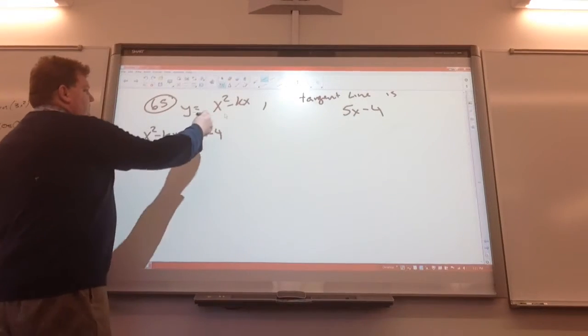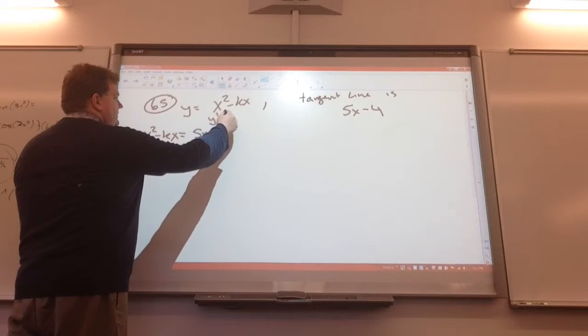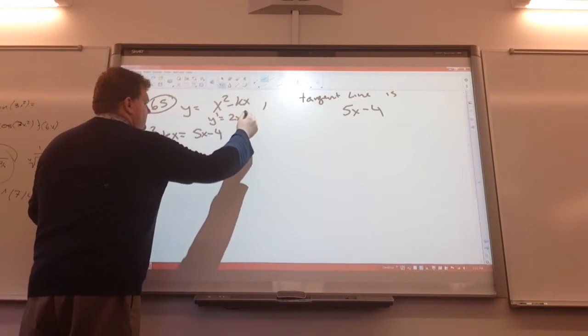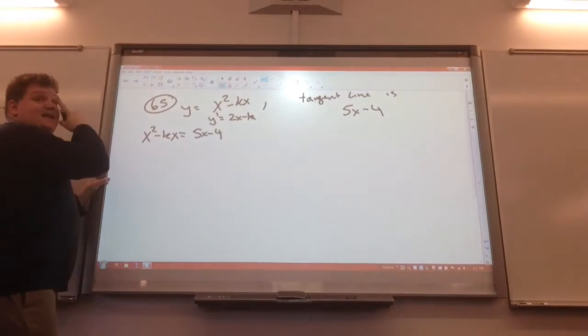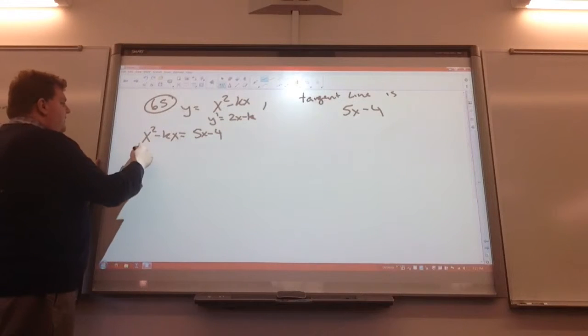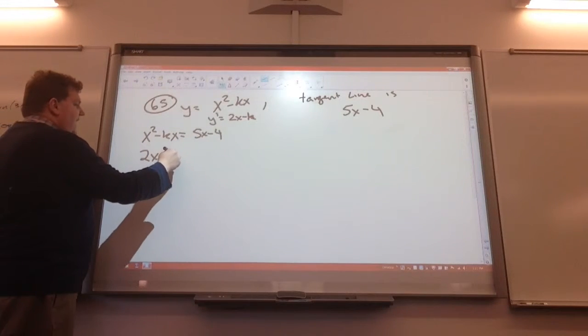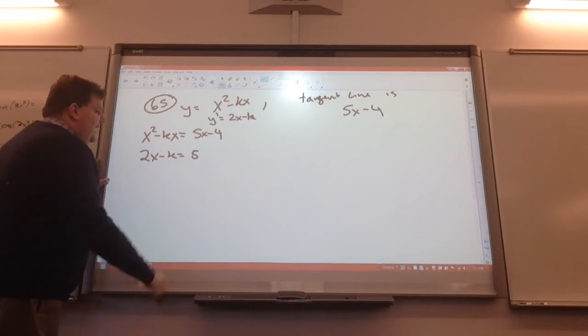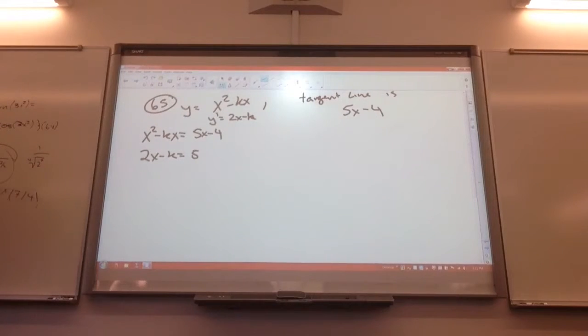So 2x minus k is equal to the slope. I have another equation now: 2x minus k equals 5. And now, two equations with two unknowns. I can now solve this.